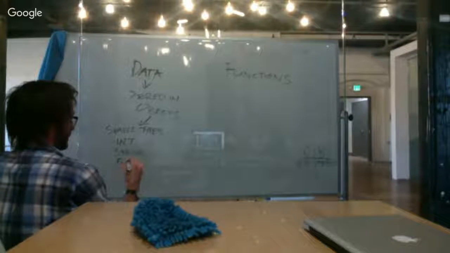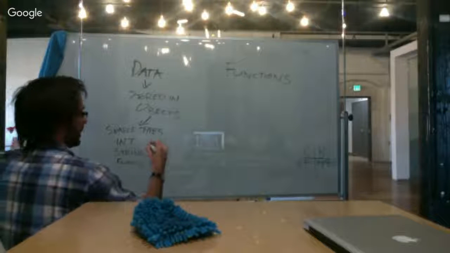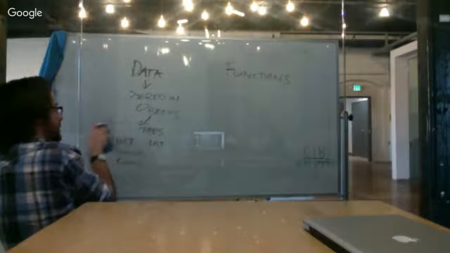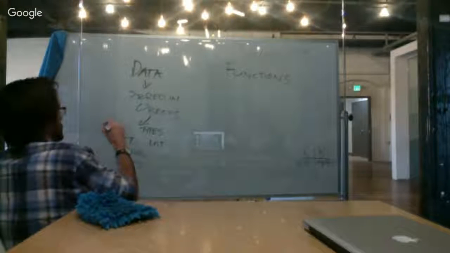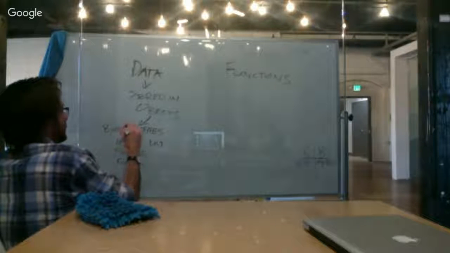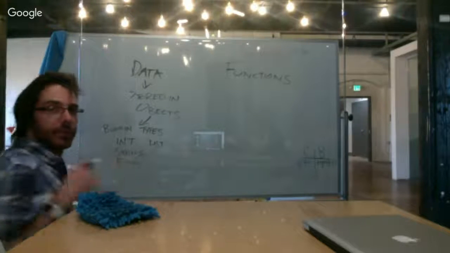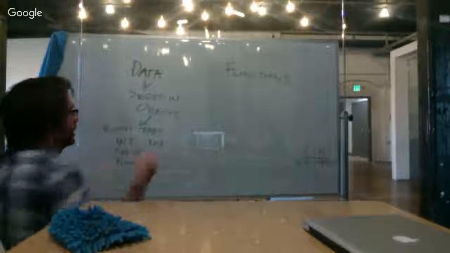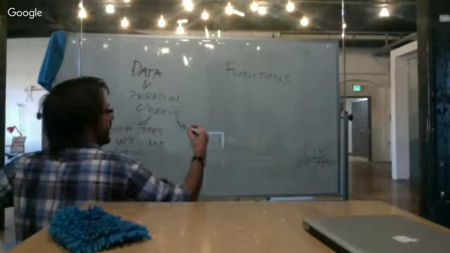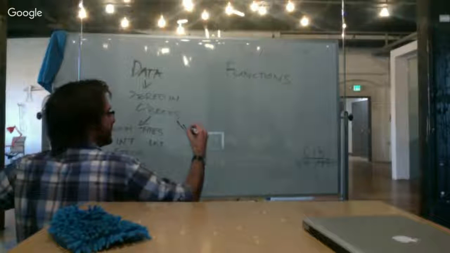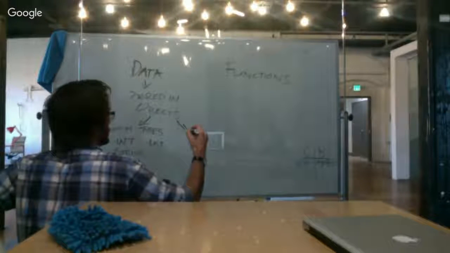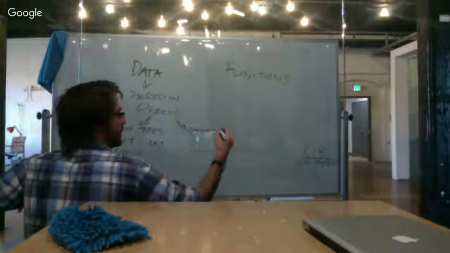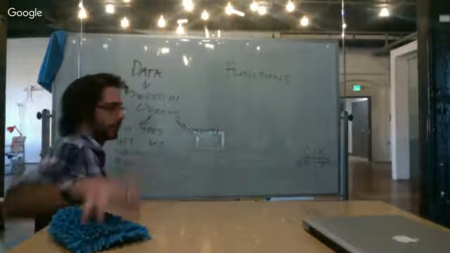Floats, lists. Basically all the languages that we use will have a bunch of types that are built in, like your basics, your integers, your floats. Then there are other types.